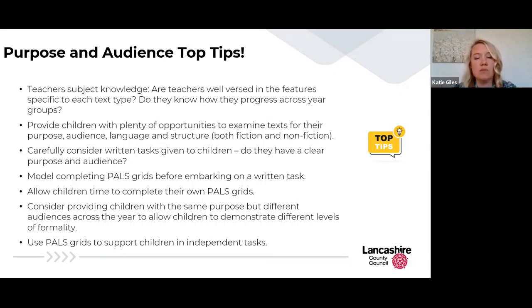Consider providing children with the same purpose but different audiences across the year to allow children to demonstrate different levels of formality. So it might be across the year we have the same purpose, to persuade, but each time that we write using persuasion, we use a different audience. So it might be that we write to persuade our best friend of something at the start of the year.